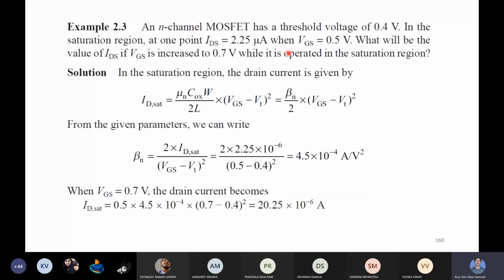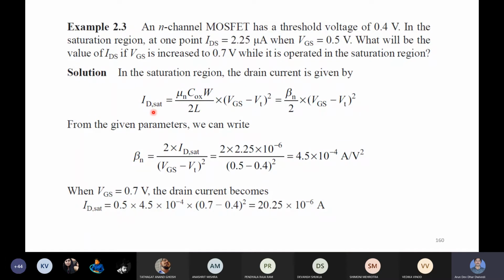So 0.4 is the threshold voltage, at 0.5 of VGS the current is known, and it says it is operating in the saturation region at VGS equal to 0.7 volt. At this gate voltage it is in the saturation region. So during the calculation of current, you have to apply the formula for the saturation region.